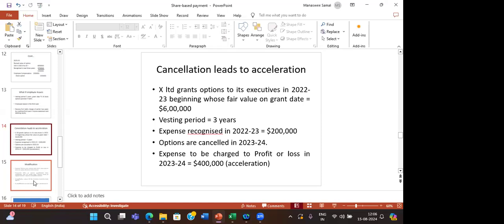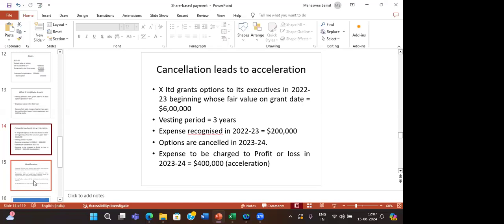Then in the next year, in collusion with my employees, I just cancel the scheme completely. Why did I cancel the scheme? What is my motivation? Let us assume that year I found that my business result has gone down. So I know that this pending option scheme will also create an additional charge to my P&L.